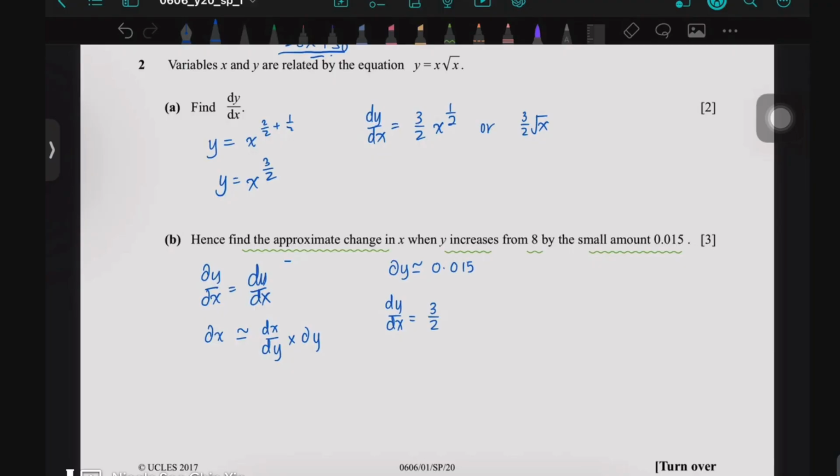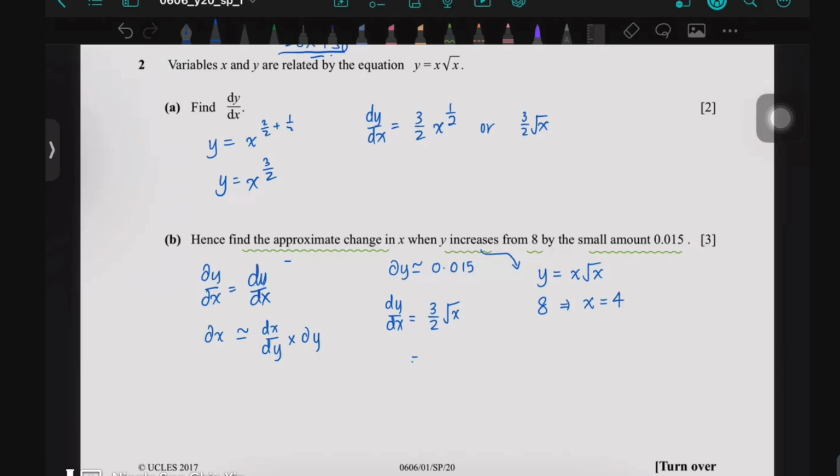Let me check. Okay, I want to find my delta x. So what we're going to do, I will take out my y. My y equals to x to the power of something. In other words, if I get y equals to 8, so my x is equals to 4.